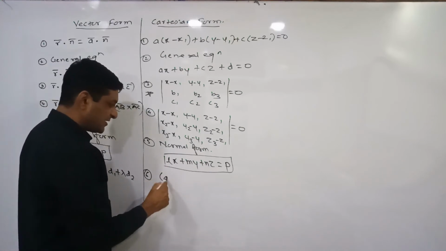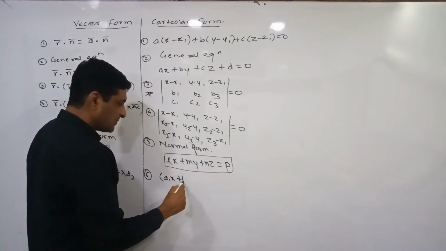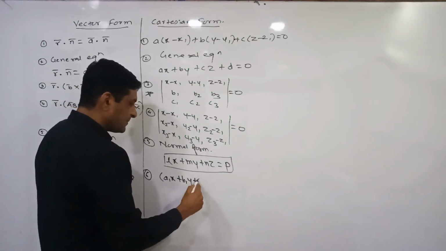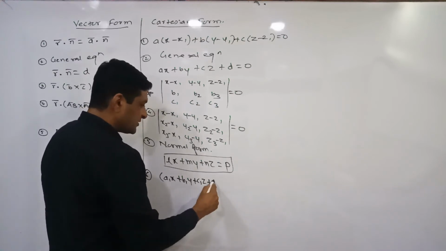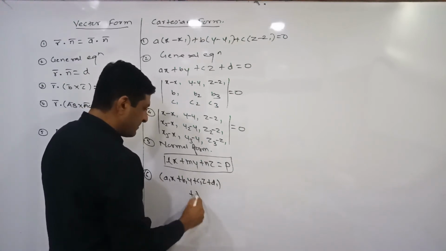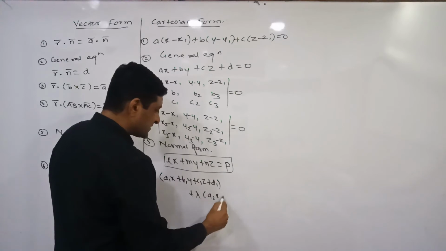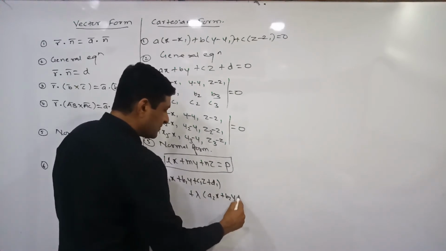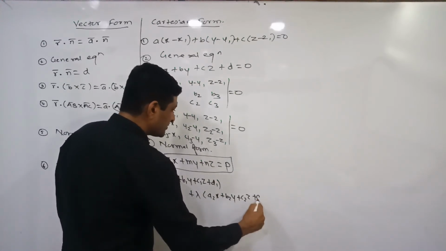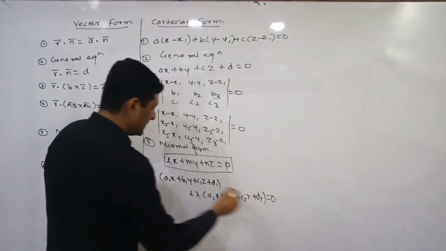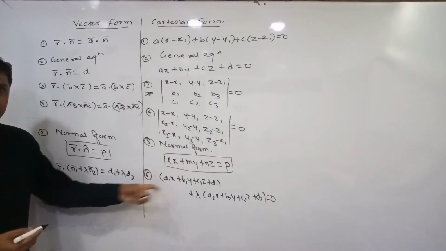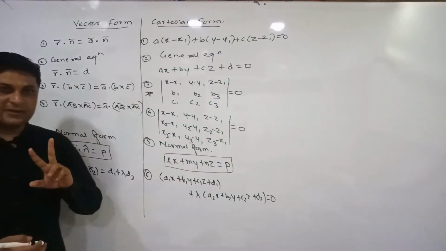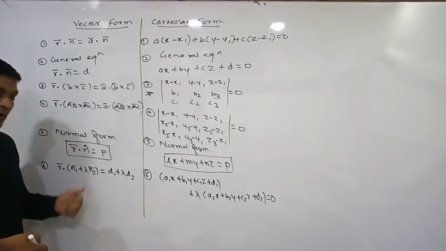What is that Cartesian equation? a1x plus b1y plus c1z plus d1, plus lambda into a2x plus b2y plus c2z plus d2, is equal to 0. This is the formula to find the Cartesian equation of a plane passing through the intersection of two planes, and this is the formula in Cartesian form.